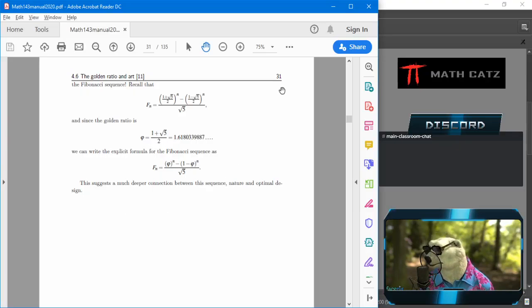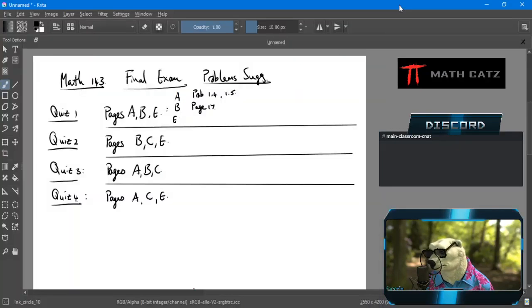So page 25 to 31. So these are page suggestions. There aren't problems for those when they're just facts in a discussion.